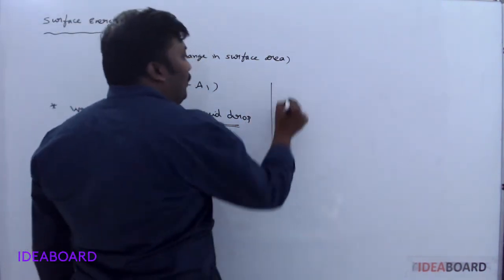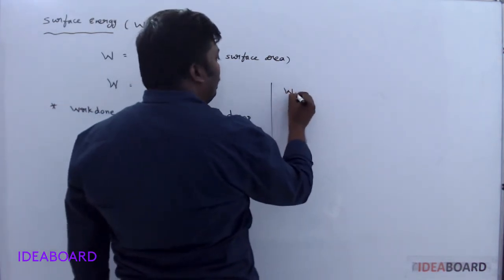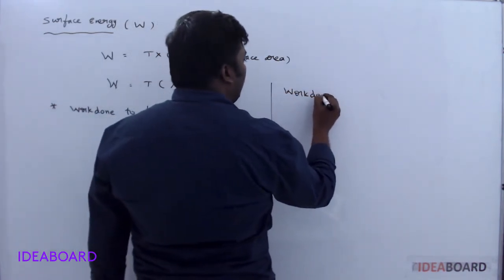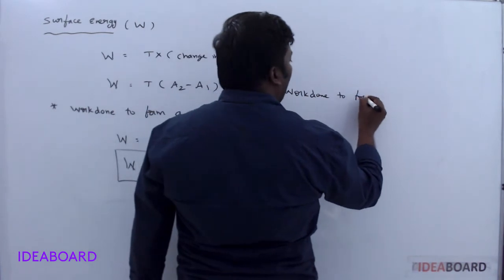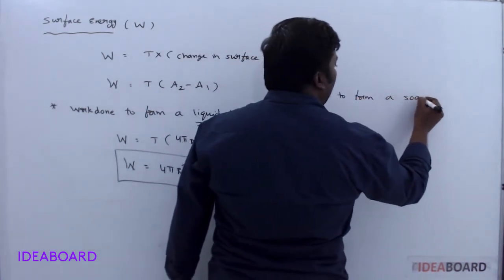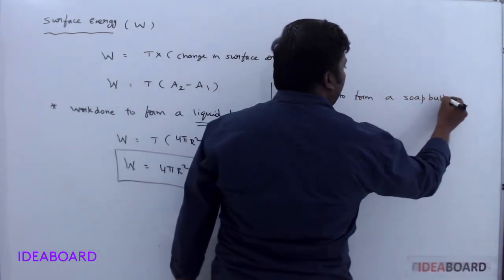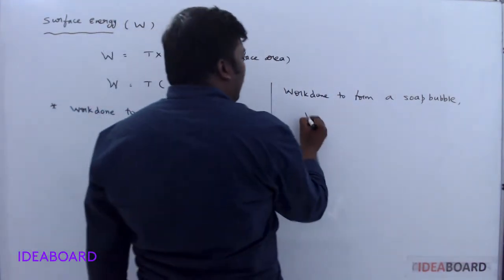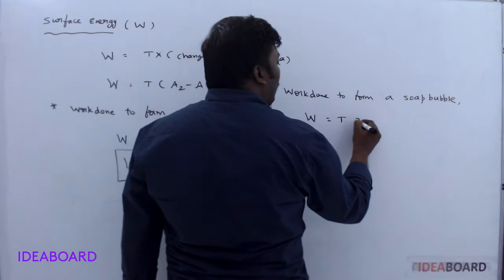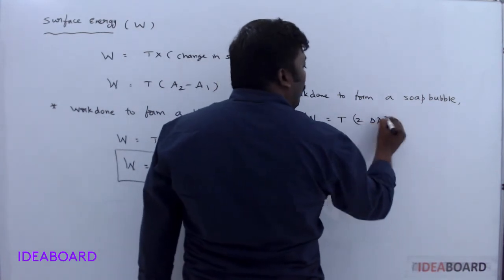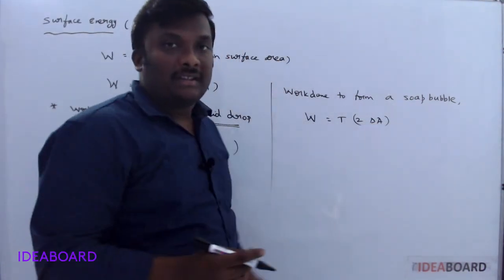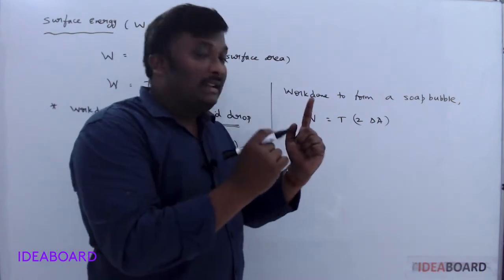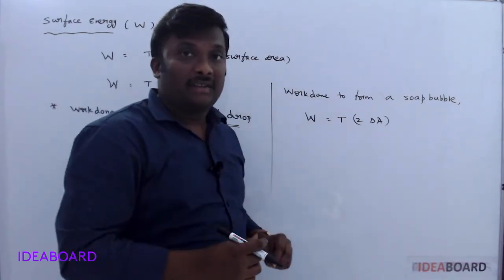If they ask work done to form a soap bubble, the soap bubble has two thin surfaces. It is not one surface, it has two thin surfaces.